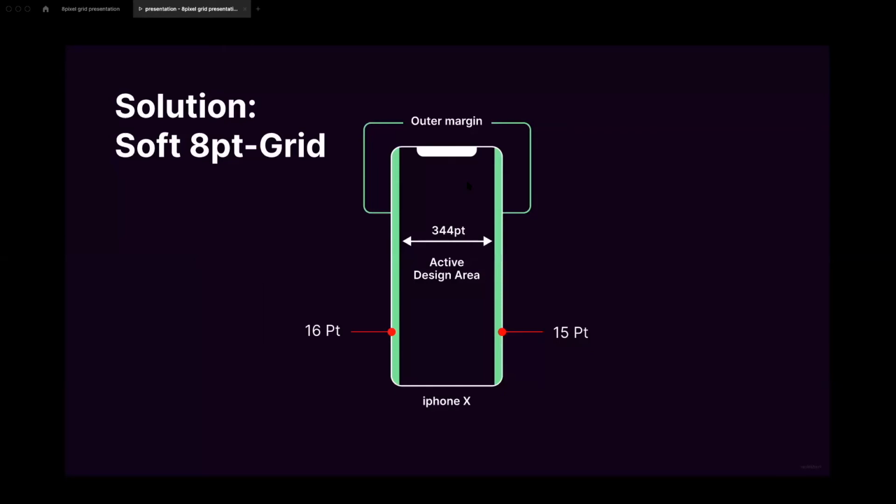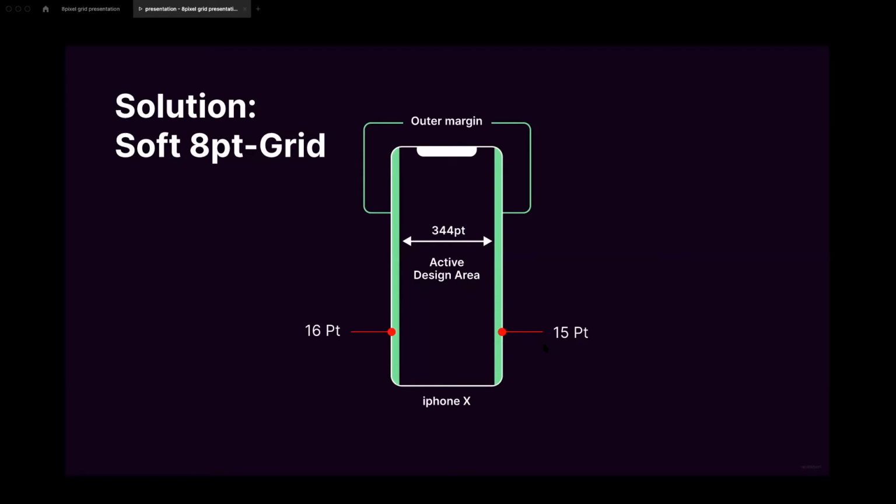The 8-point solution for iOS soft 8-point grid: use a variable outer margin in a way so that the active area becomes a multiple of 8.